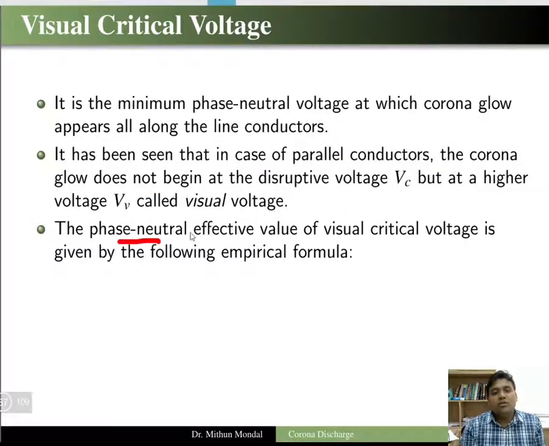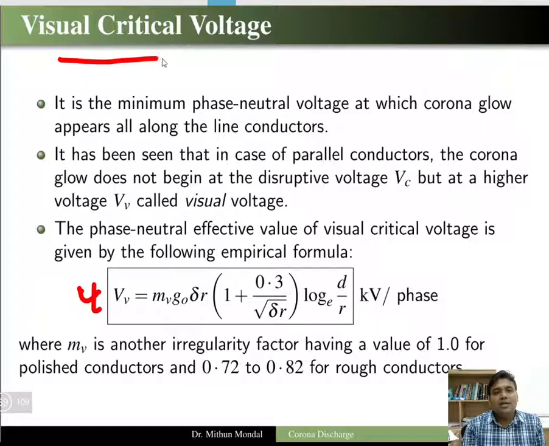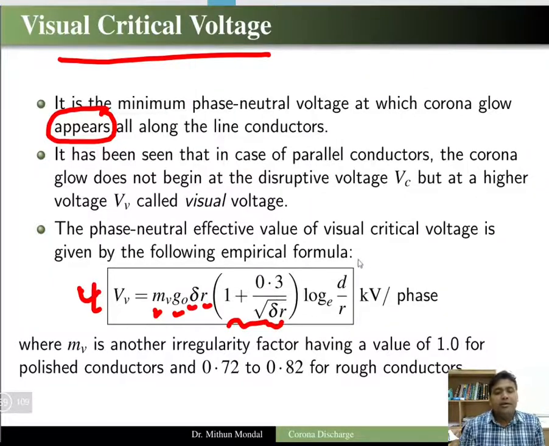Thus, the phase neutral effective value of visual critical voltage is given by the following empirical formula. This formula is used to obtain the visual critical voltage at which the corona appears. Here mv is the irregularity factor, G naught is the breakdown strength of air, delta is the air density factor, r is the radius of the conductor, and the term is 1 plus 0.3 over root delta r, times r log e d by r.